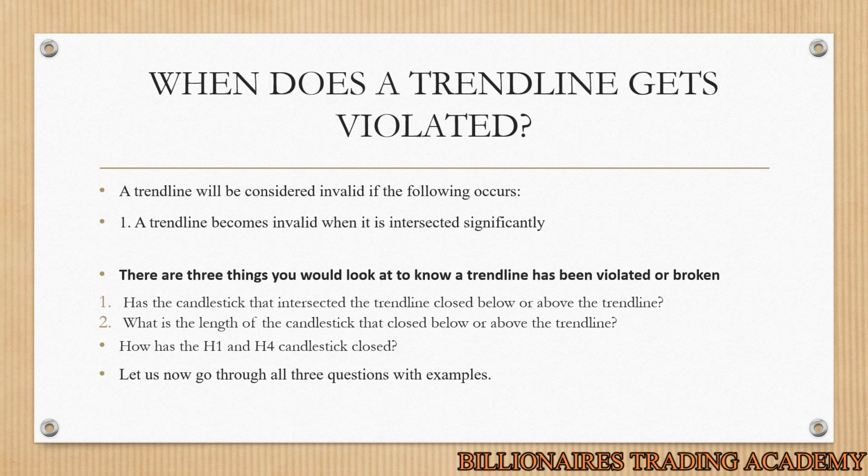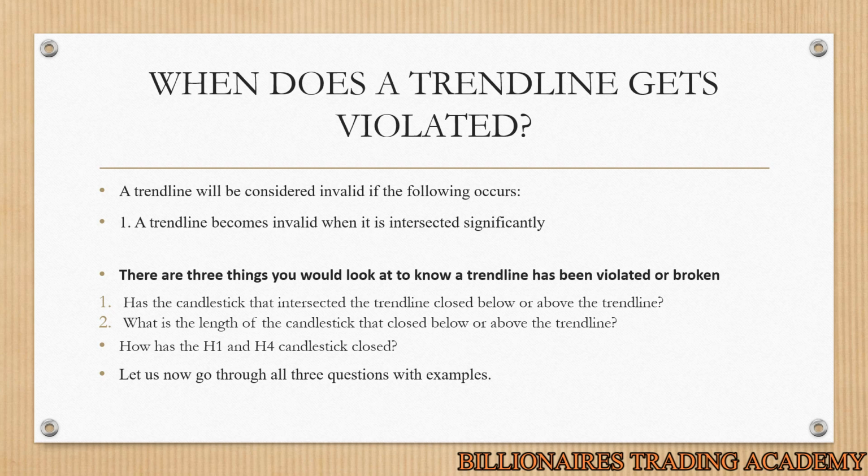That's the thing. So when a trend line is violated, we are saying it's a point where a trend line can no longer be used or it now becomes insignificant, right? As easy as that. When a trend line becomes insignificant, then we're saying it's been violated.